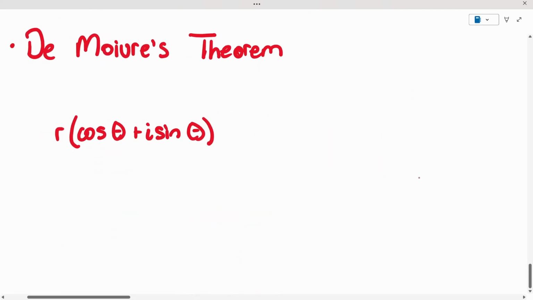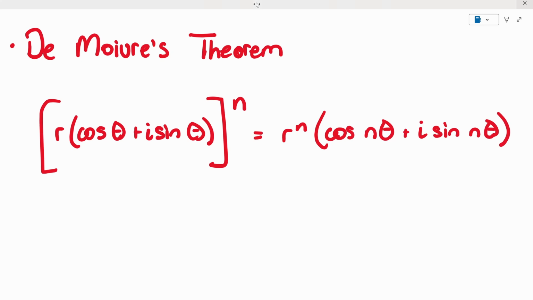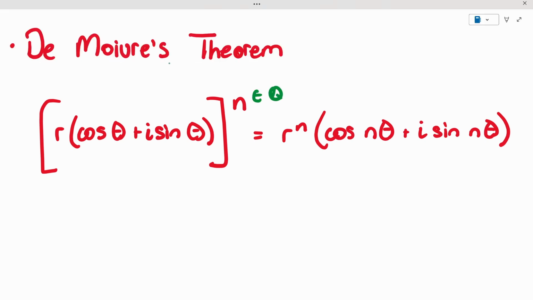And we raise the complex number to the power n, where n is any rational number, then the result is r to the n into cos n theta plus i sine n theta. Right? This is De Moivre's theorem. And let me just make a note, this is any rational number here.